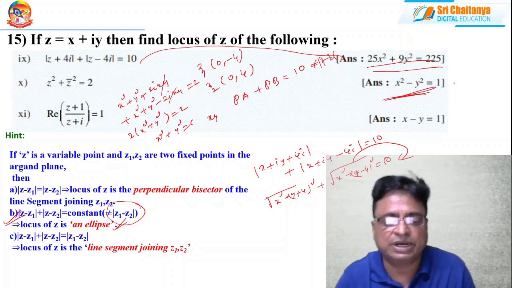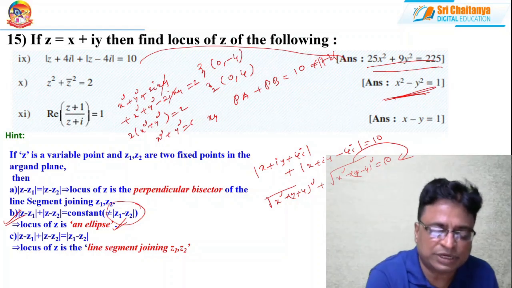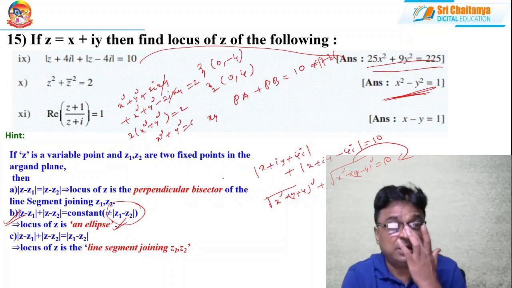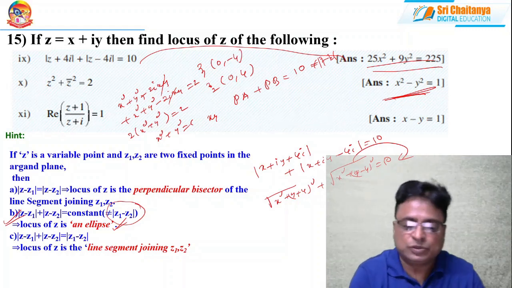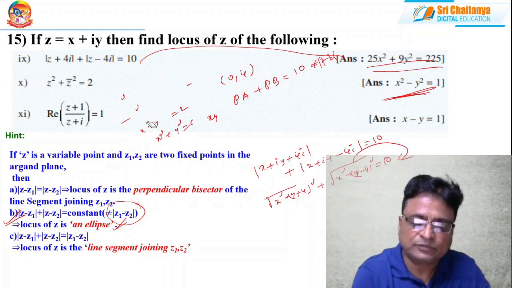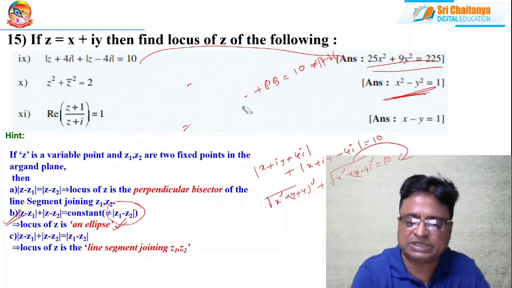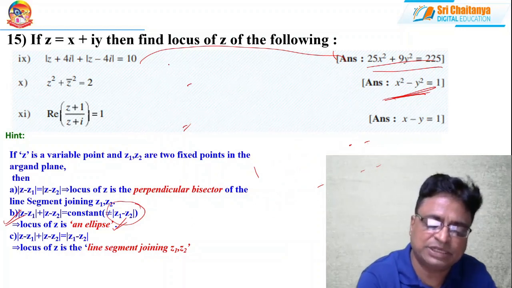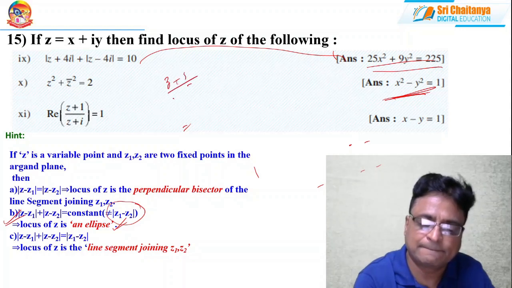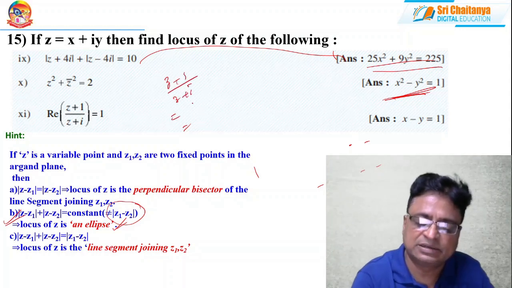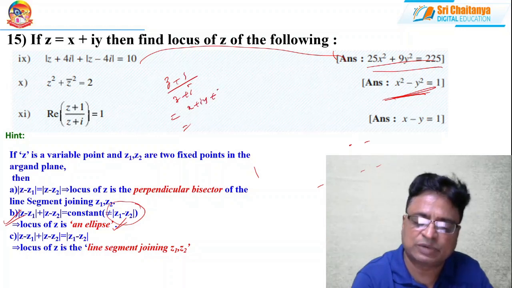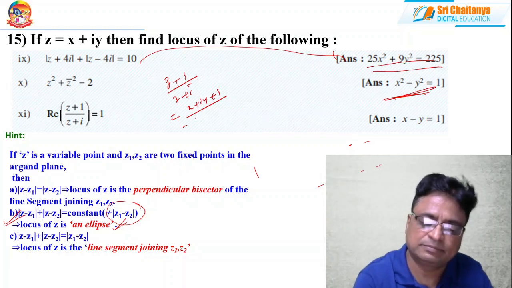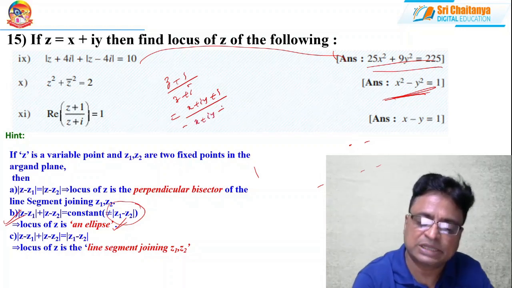So it is simply what? A hyperbola. And again here, it is what? Real part of z plus 1 by z minus 1, real part of this one is 1. So whenever real part is 1, first I need to find what is z plus 1 by z plus i. So z plus 1 by z plus i, this I can write as x plus iy plus 1 by x plus iy plus i.